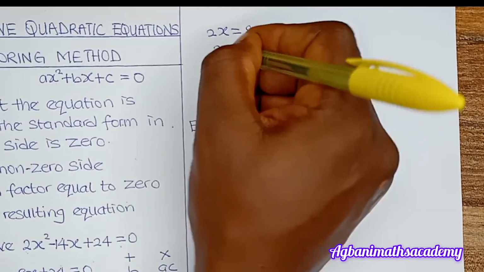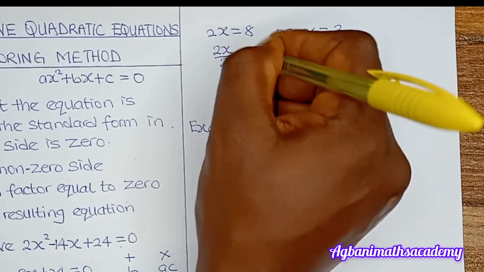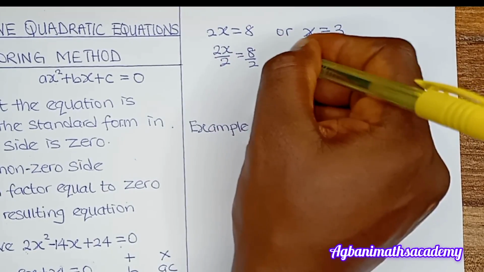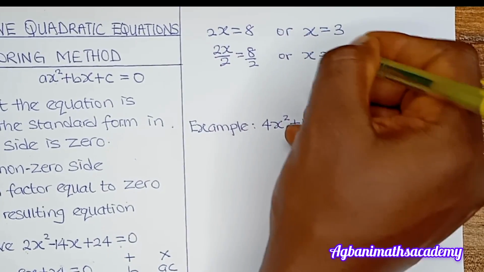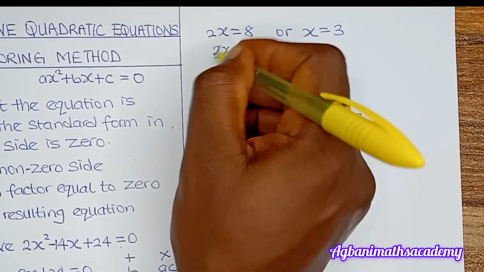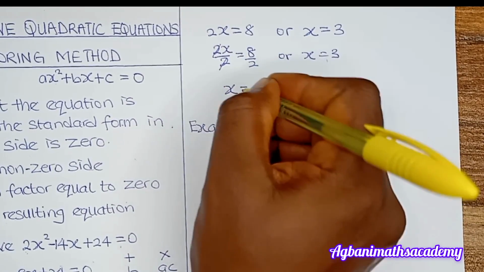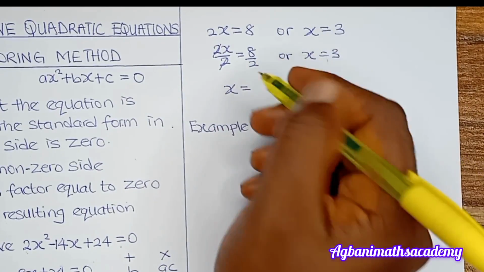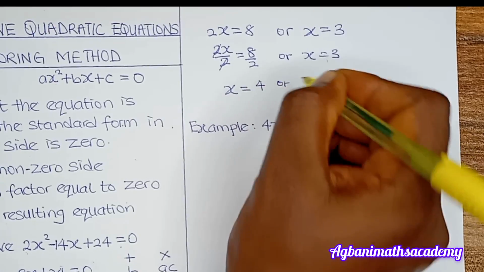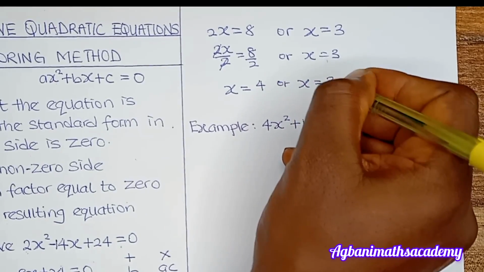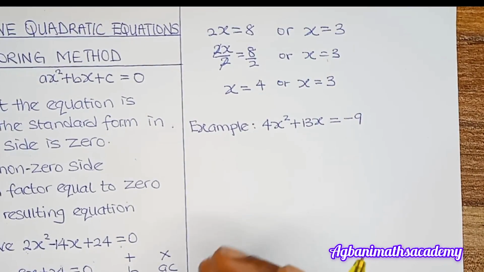So we have 2x all over 2 is equal to 8 all over 2. On this other side, we have x is equal to 3. So we cancel out 2. We have x is equal to 8 divided by 2 will give us 4, or x is equal to 3. So using the factoring method, we have been able to factorize this quadratic equation.